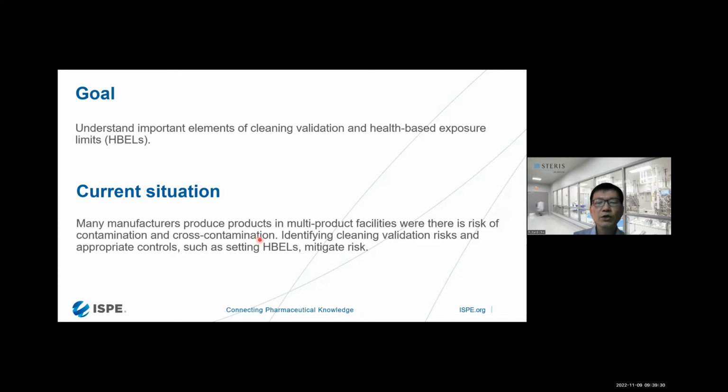Under those situations, the risk of contamination is quite high if they do not have robust cleaning procedures. So identifying cleaning validation risks and implementing the appropriate controls will be very important, such as setting the HBEL limits for the various products to mitigate the contamination risks.